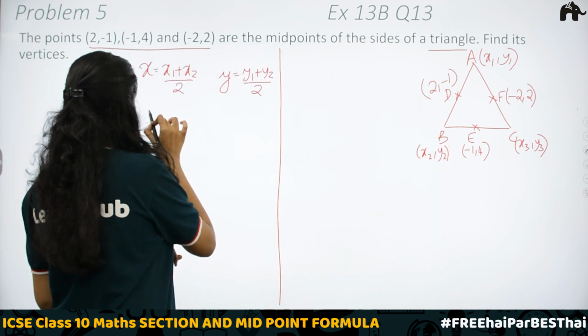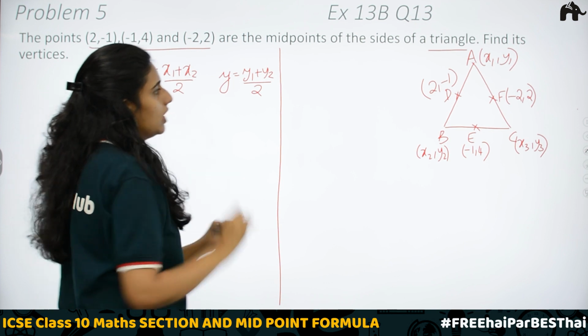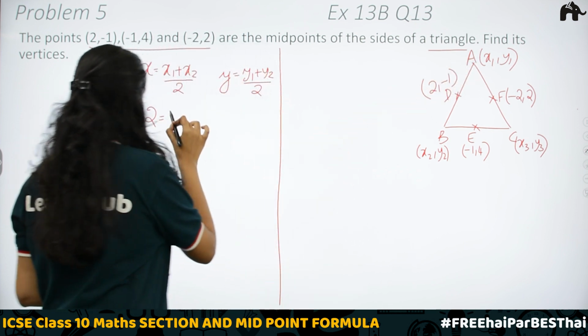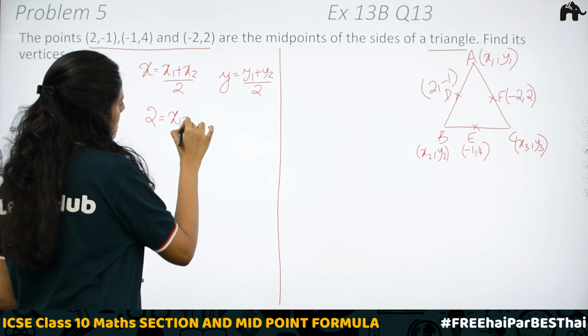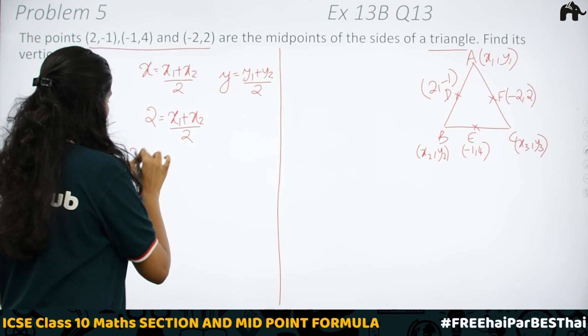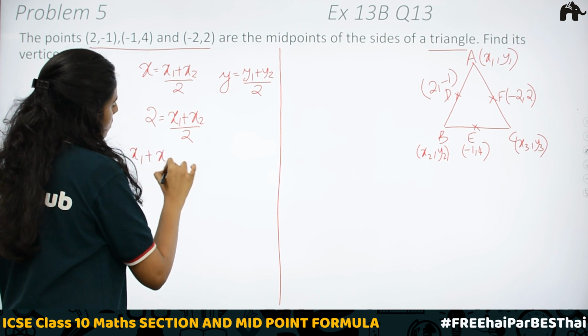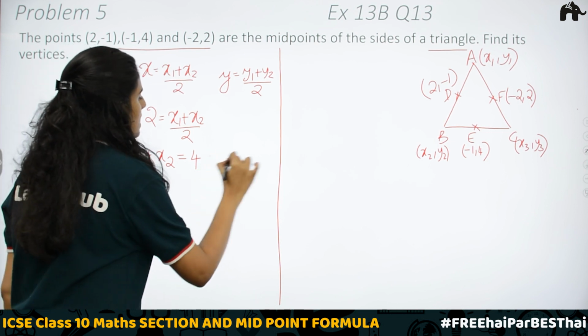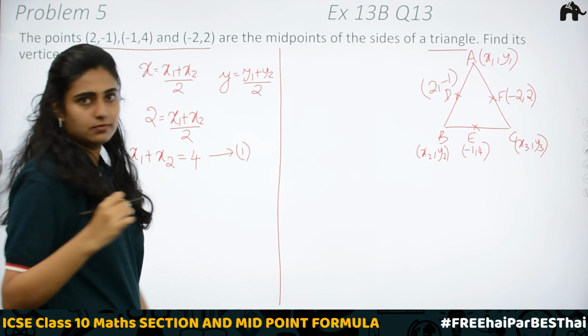Therefore, 2 is equal to (x1 plus x2) divided by 2, or x1 plus x2 is equal to 2 into 2, 4. Take this as equation 1.